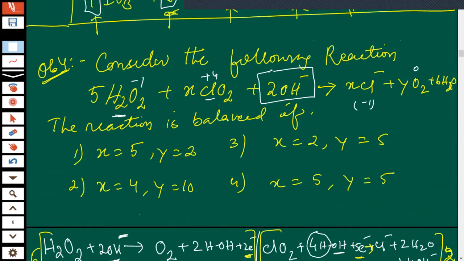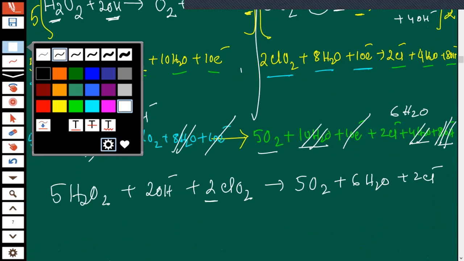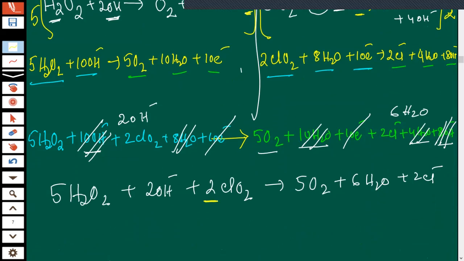ClO2 on the left hand side is the X value, and here it is 5 O2, which is Y. So X equals 2 and Y equals 5. This is the third option.